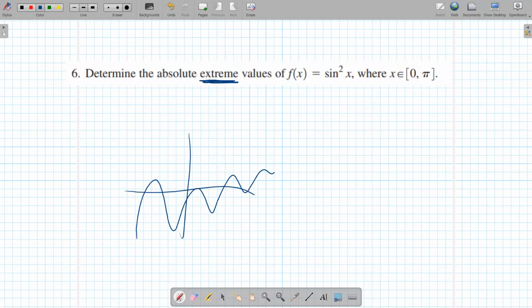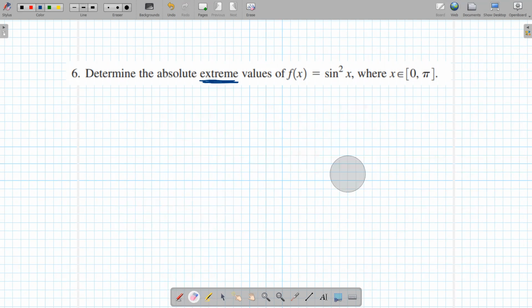For any function, it's like these guys here. See these? What's common about all those points there? The slope is 0. So you're gonna find the slope function and set it equal to 0 to find the x values.